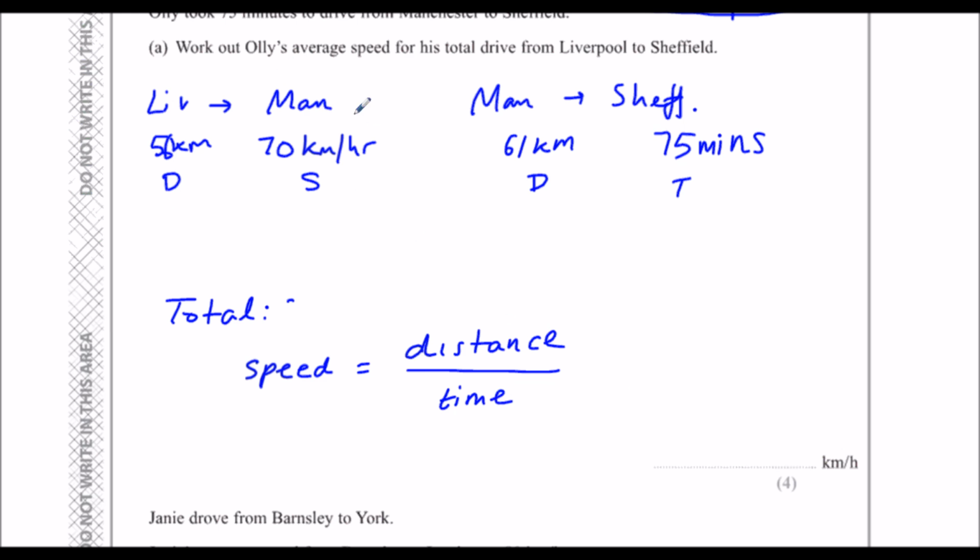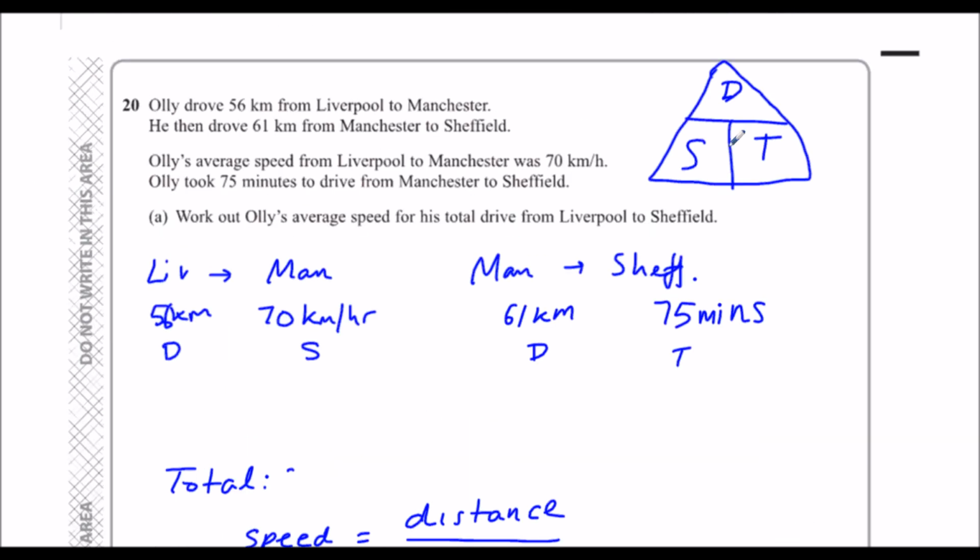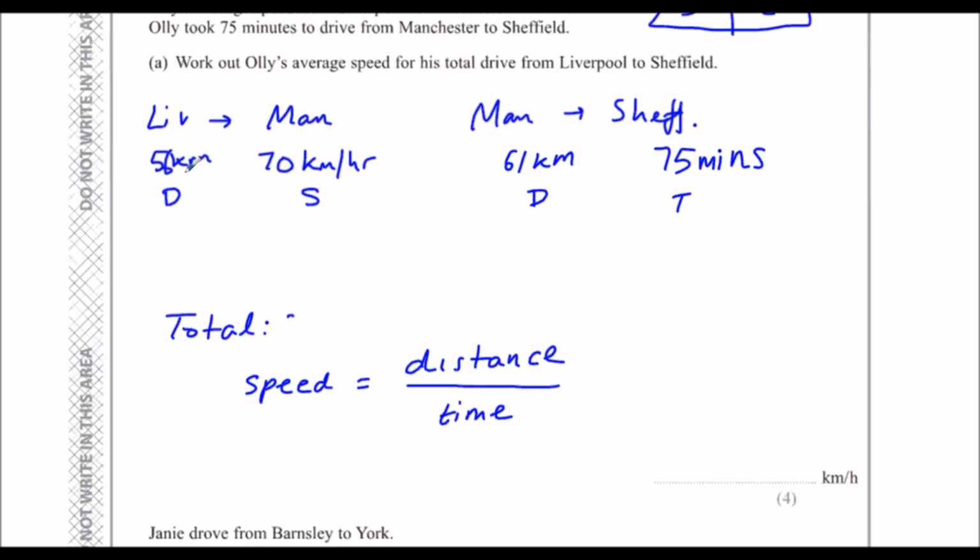So we need to work out the time for this part of the journey, and then we can add it on to this time, and that will tell us the total time. So how do we work out time? If we cover over time, we get time is distance over speed.